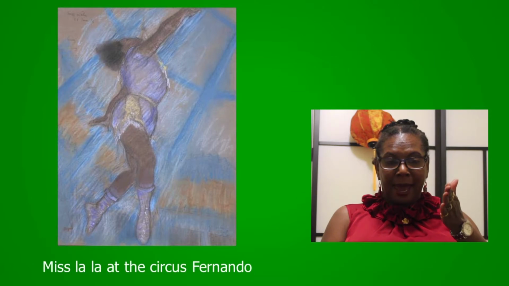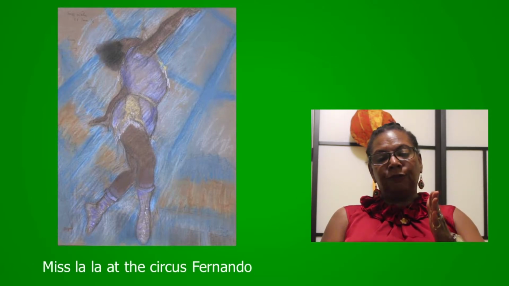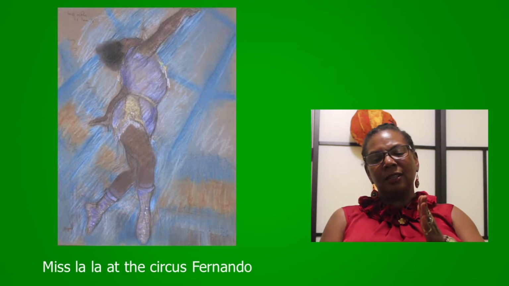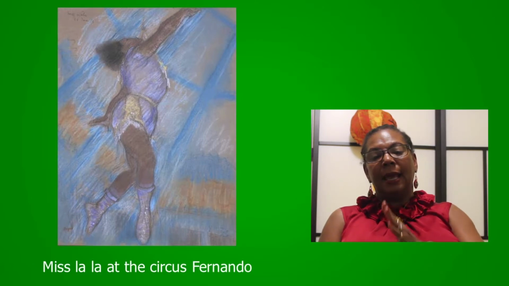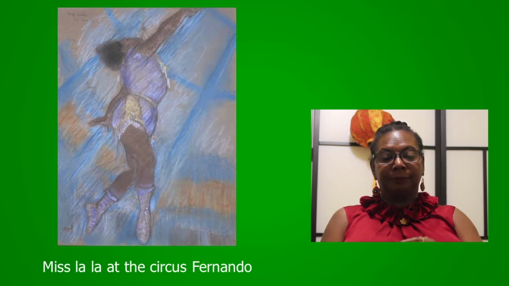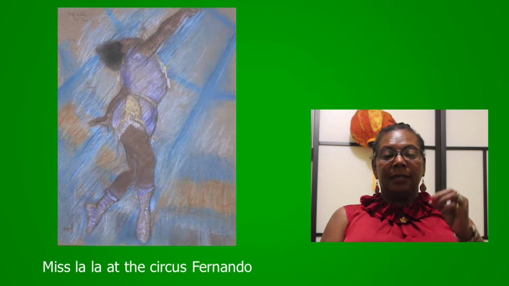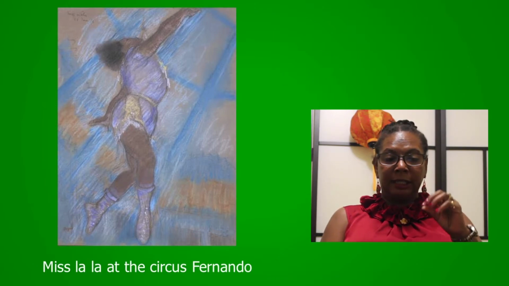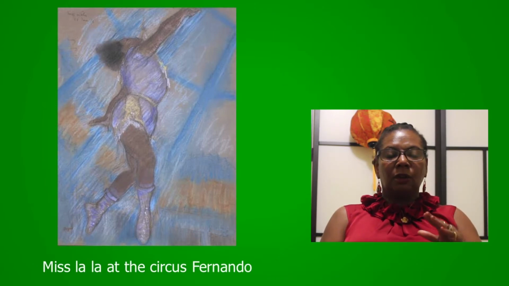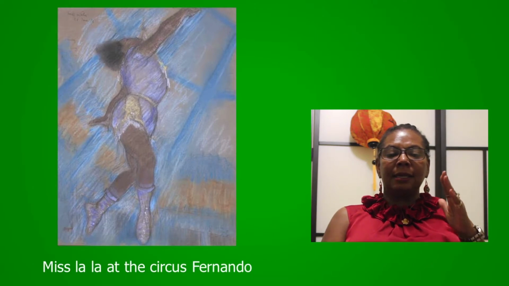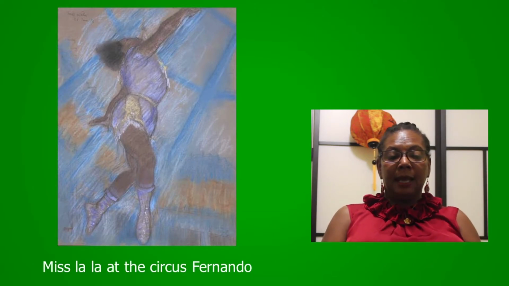So look at the back of the individual and come all the way across to the front, and you can see the gradual mixing with the white and going further and further till you see a little bit more white, and then we get back to purple again. Look at the shorts that the individual is wearing, and then we see a little bit of yellow and so forth. And this is such an impressionistic piece that we're not able to tell exactly what the individual is doing.